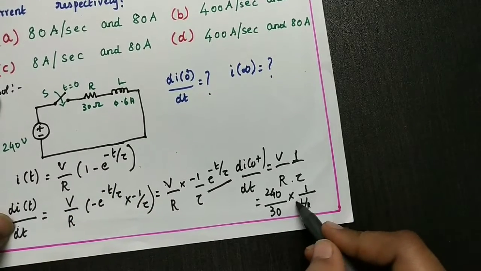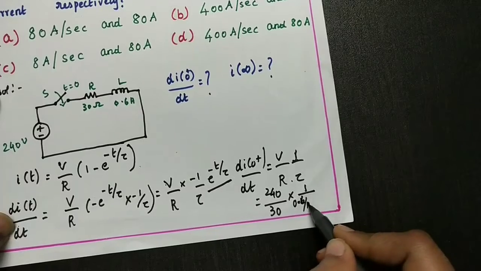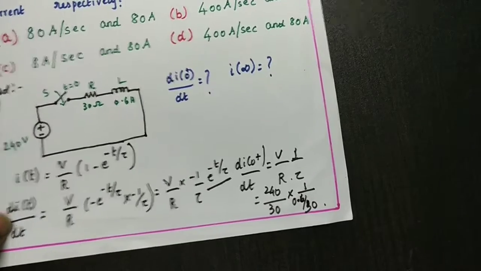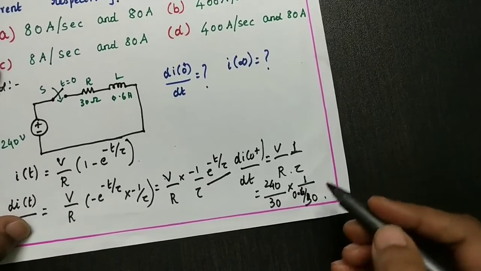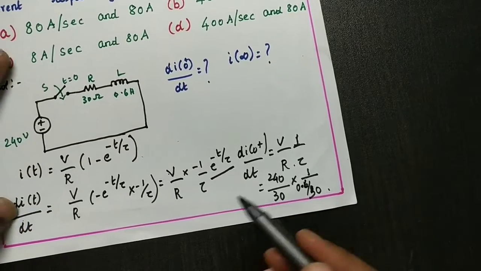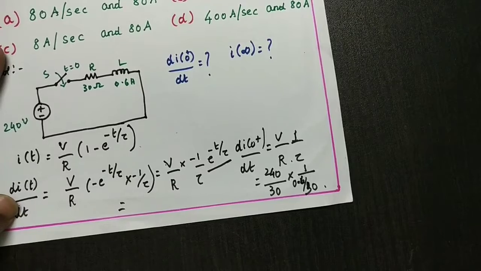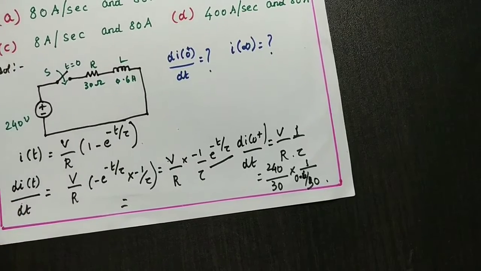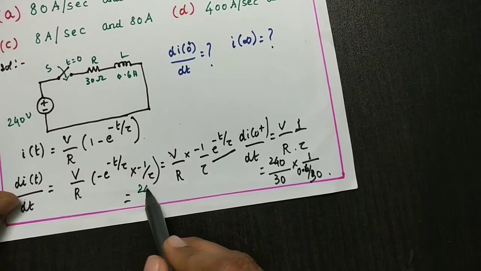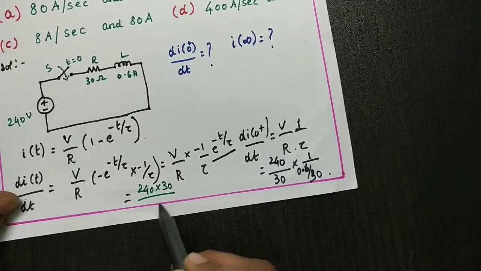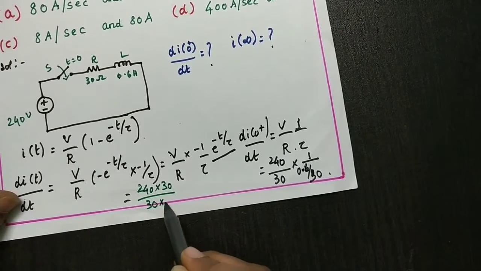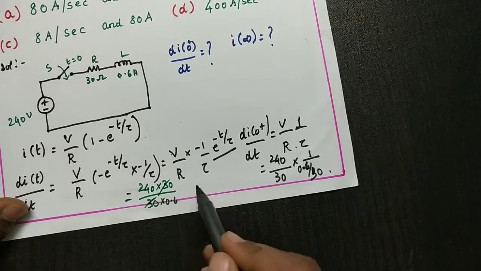So that will become 240 into 30 by 30 into 0.6. This will get cancelled.